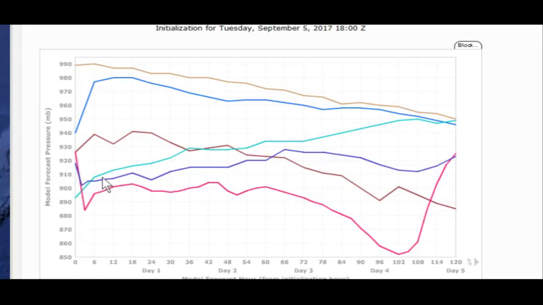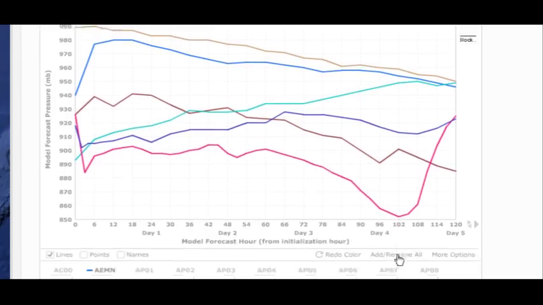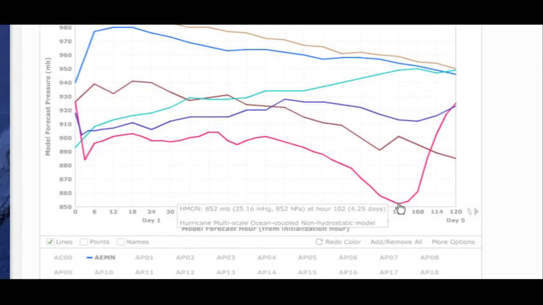Now the other model in the center is the HMON model. Admittedly, that's, I believe, kind of a new model. I'm trying to remember if that's the GFDL replacement. But it's got some rapid development down to 885 and keeping it right around 900, and then you can see it bottoms this thing out at 852, which is way off the scale there.